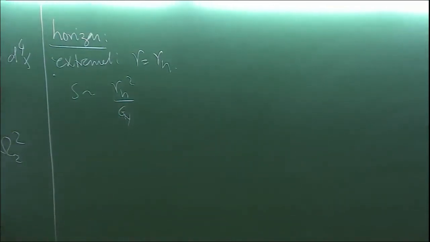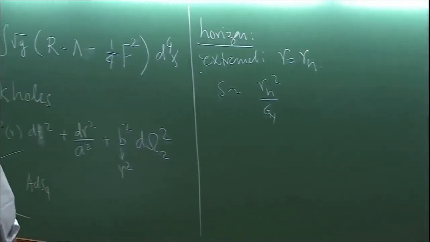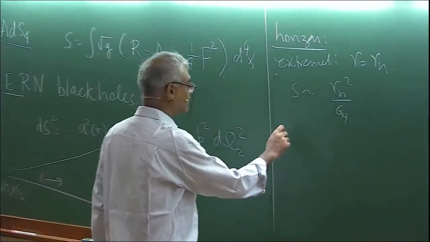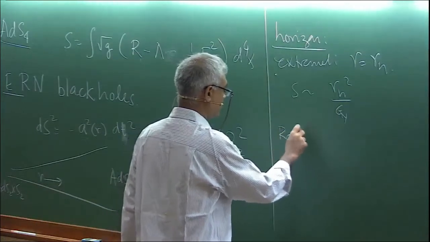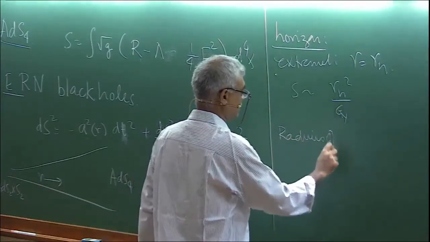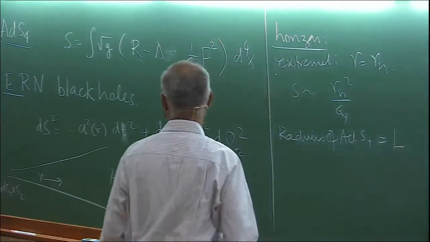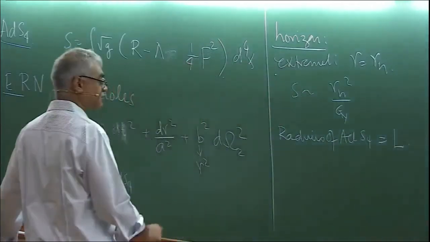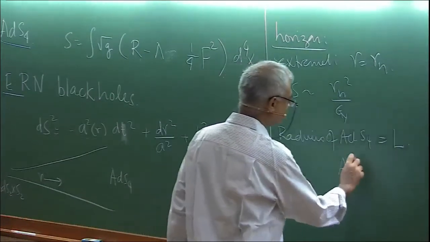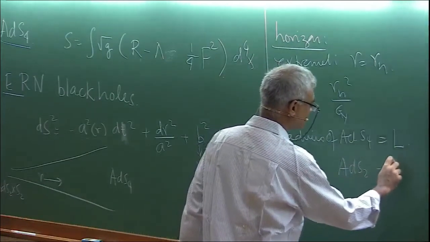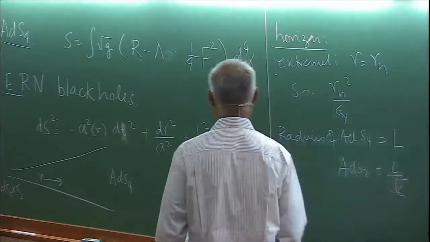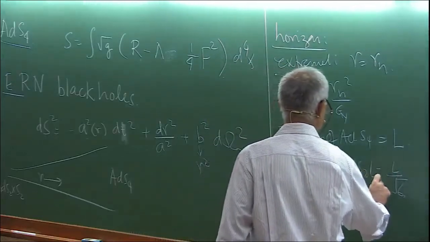I should introduce one more parameter, the radius of the AdS4, which will be L. The radius of the AdS2, which you get, is related to L, but it's something like L over root 6, all right, doesn't matter, which we'll call L2 sometimes.